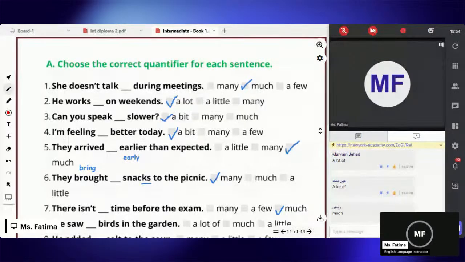Yes, very good, excellent. We saw a lot of birds in the garden. Okay, we can't use much. Why is that? Birds are countable, used with countable nouns.